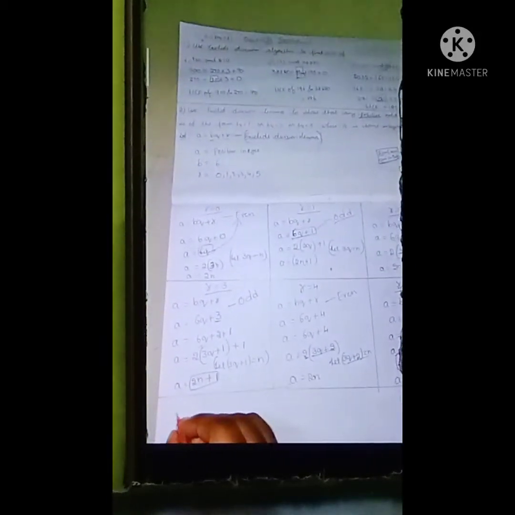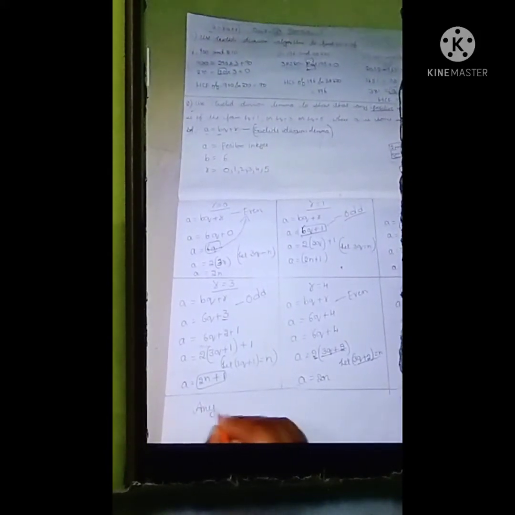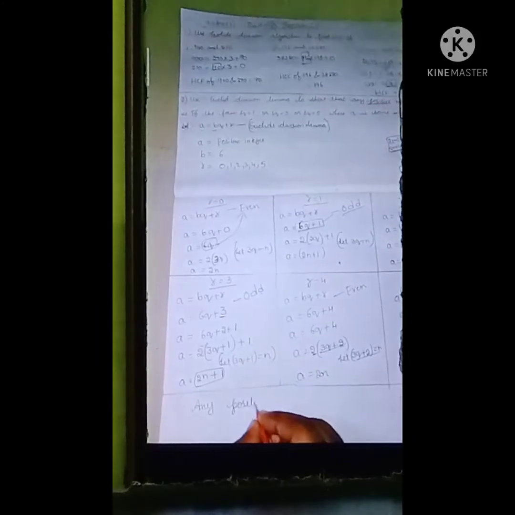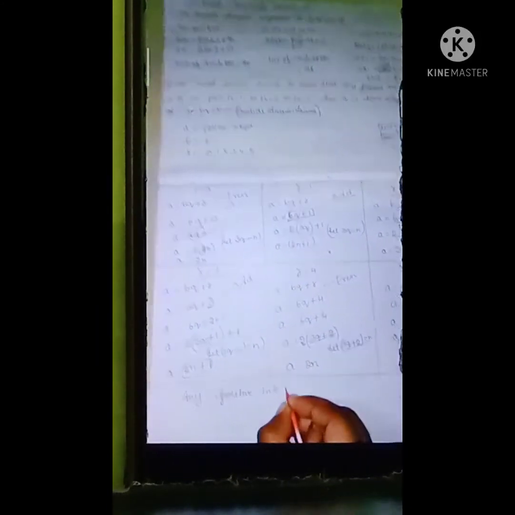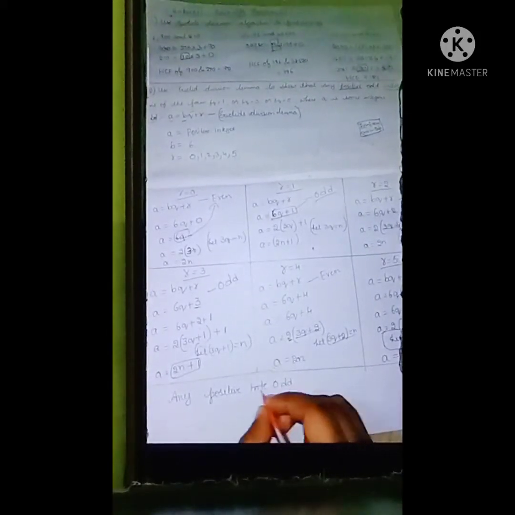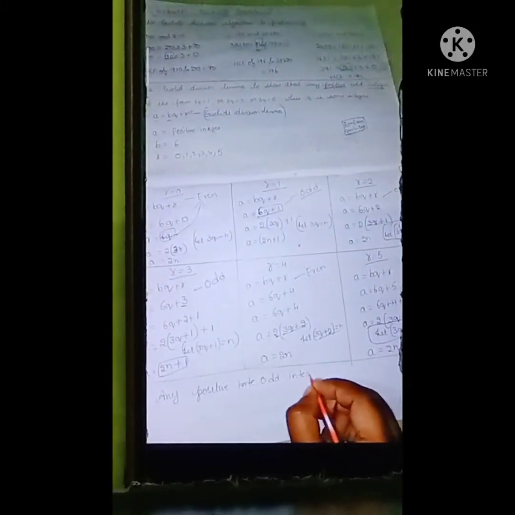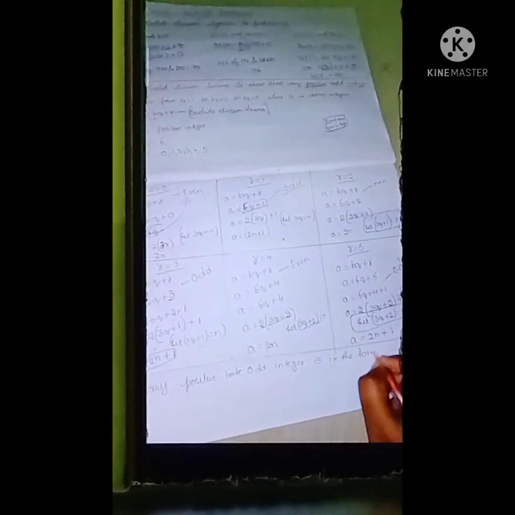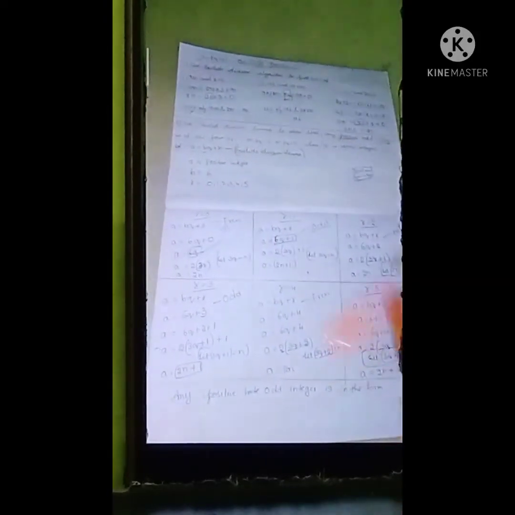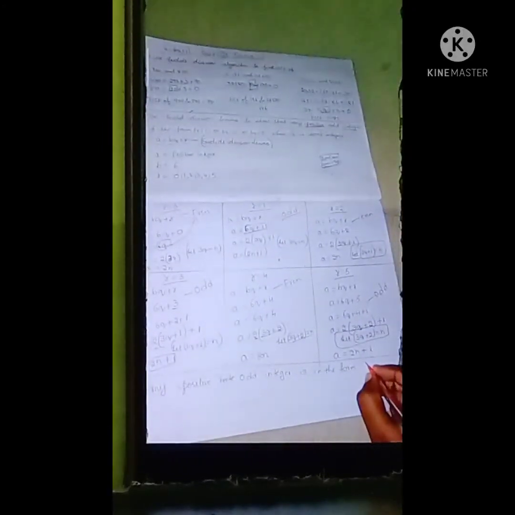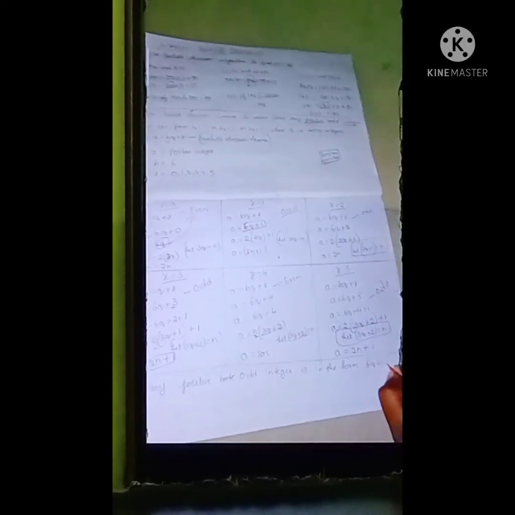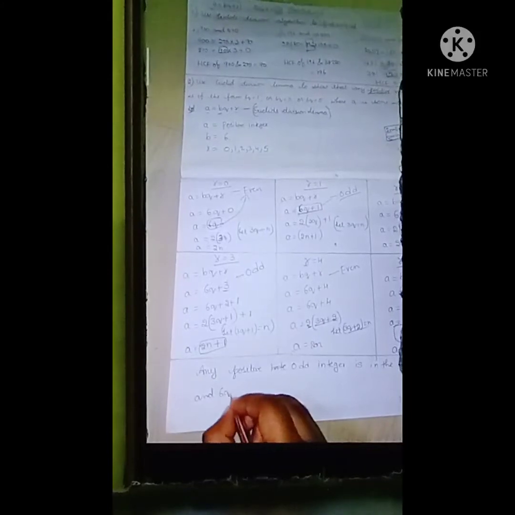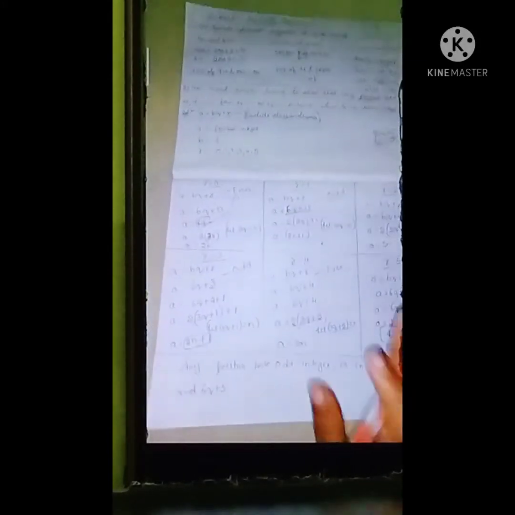So lastly we should write the conclusion: therefore any positive odd integer is in the form of 6Q plus 1, 6Q plus 3 and 6Q plus 5. So this is the second question.